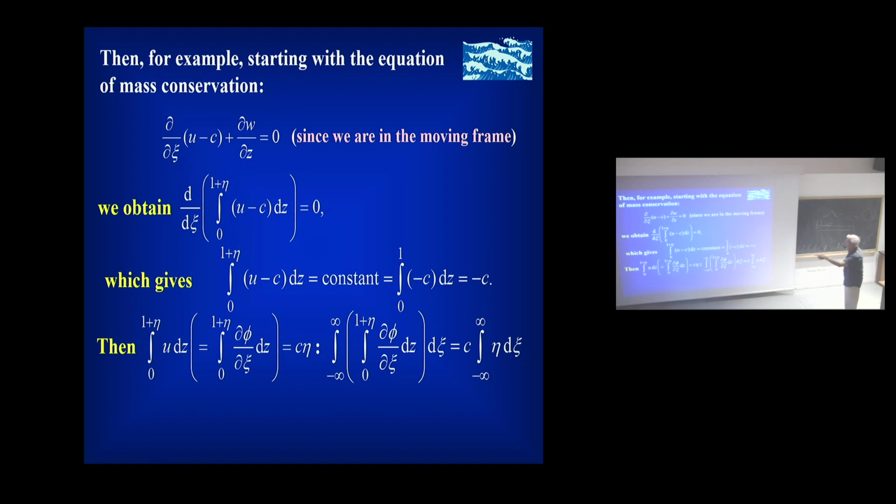We then take the integral of u, which of course is related to the velocity potential, and that will then be equal to c eta. Integrate that from one end of the domain to the other, from minus infinity to infinity, and we produce that.